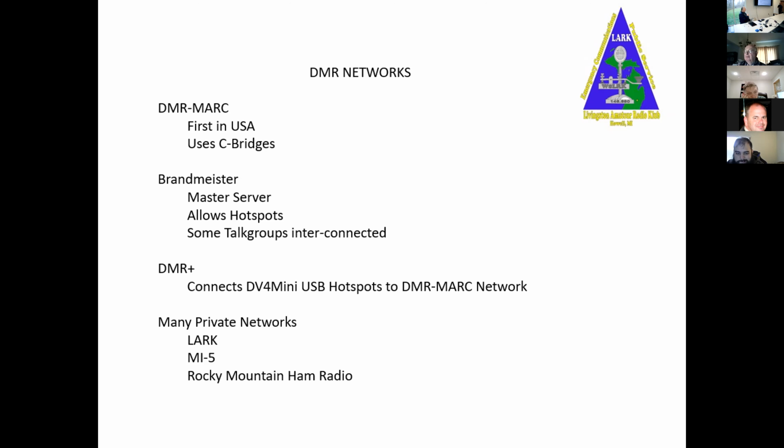So they went one step farther and said, well, your Brandmeister account, inside there it says you have to register your hotspot, and you go in and say, I have this hotspot and I want to use this password with it. And then in the hotspot, you have to go in and put a password in it. When they match, then it can log in. So I can no longer take my hotspot, put his password, his call sign in it, and use it. So this cleaned up any of the malicious interference.